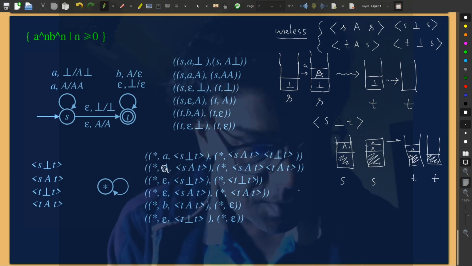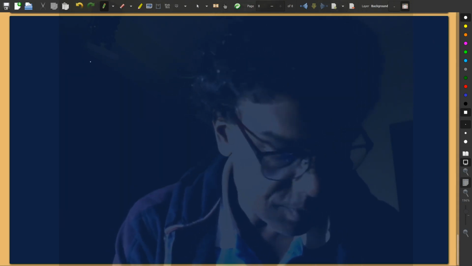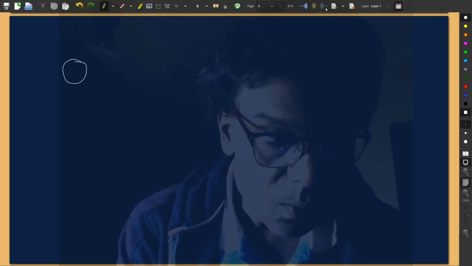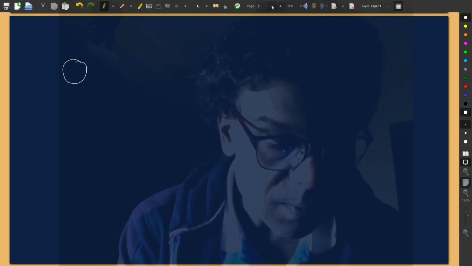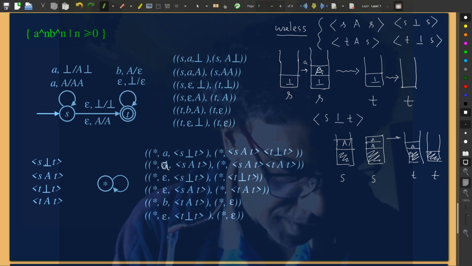So let me simplify this machine. So you see here, all these T's are in the stack, so this is not relevant. So I will use this S and bottom marker, and I will write it as this.